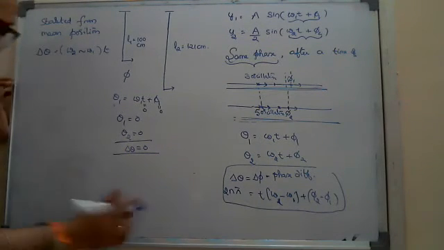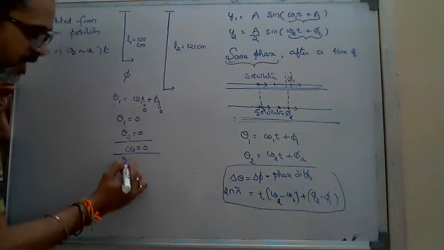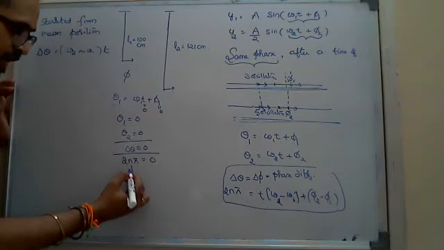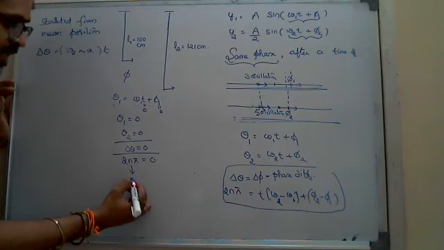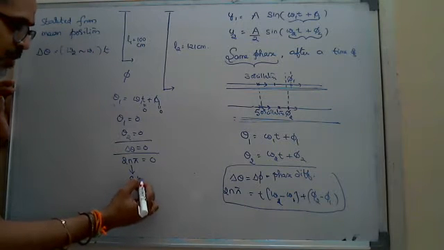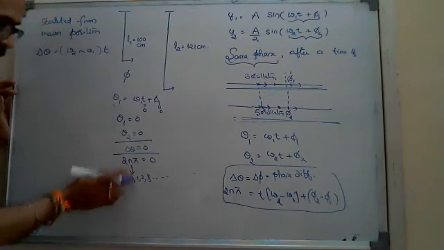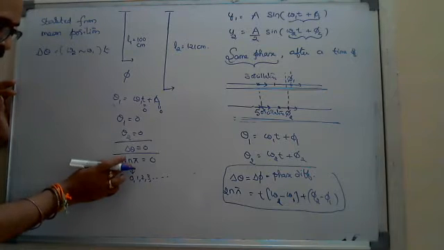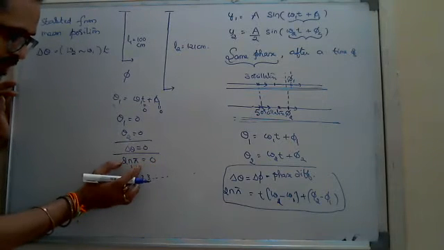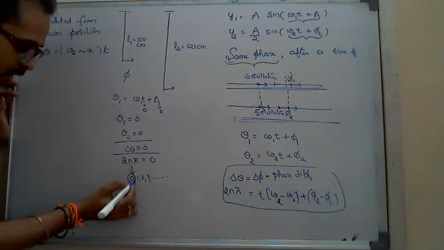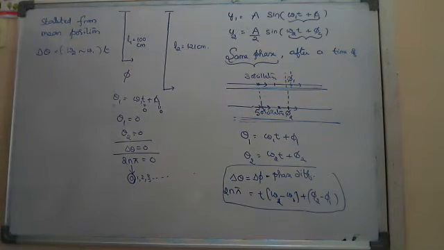My intention is here, delta theta, I already told, is 2n pi, where n you can write as 0, 1, 2, 3, and so on. If I put n equals 0, you will get this whole term equal to 0, which means the zero condition is already over.